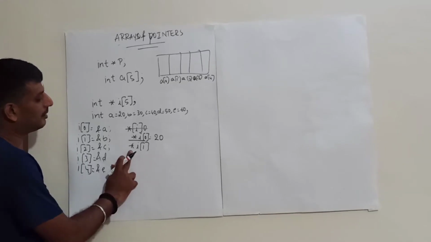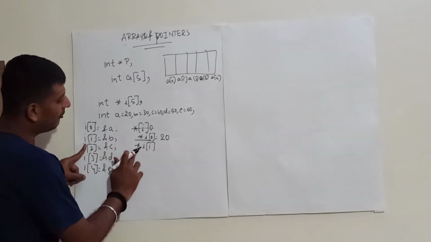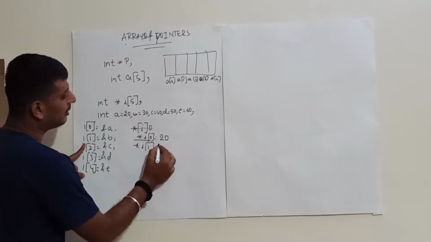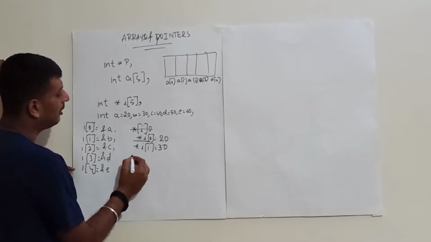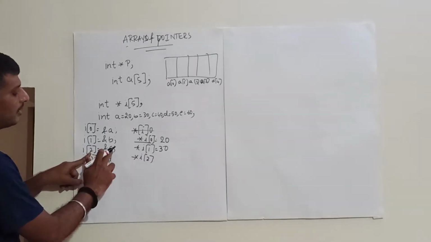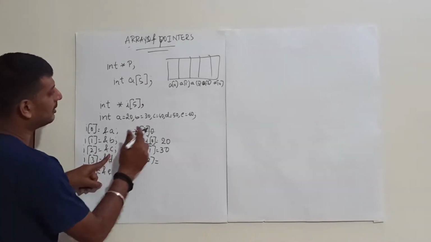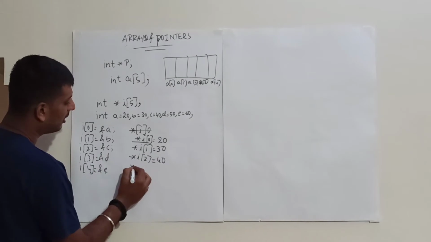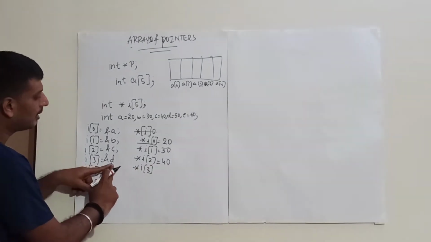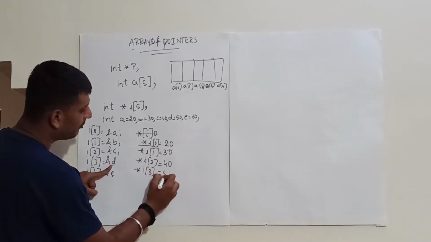If I display *i[1], it is storing the address of b, so it will display the value of b, that is 30. *i[2] is storing the address of c, so it will display the value of c, that is 40. *i[3] is storing the address of d, so it will display 50.